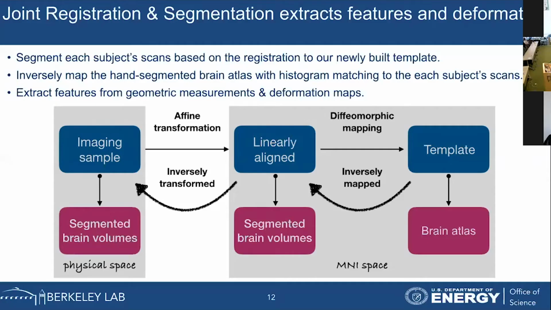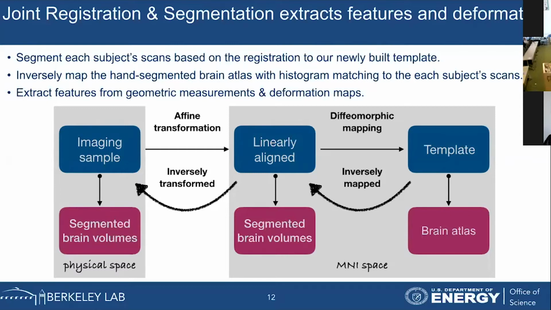Okay, and then after we register all the subjects, what we are going to do is the segmentation. And this is an interesting part, because if you think about the template and the brain atlas, and when I say brain atlas, it means a map basically labeling all the important tissues of a brain. Just think about a map. For example, we say California is on the map of the United States on the West Coast, right?